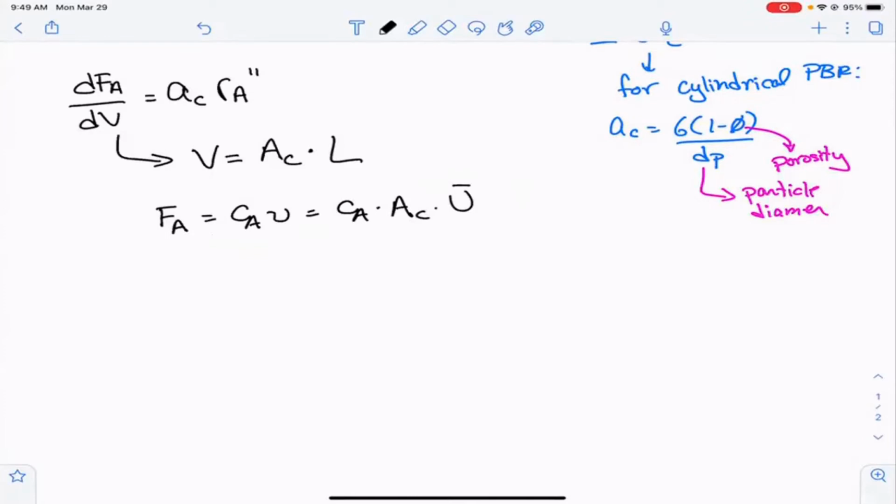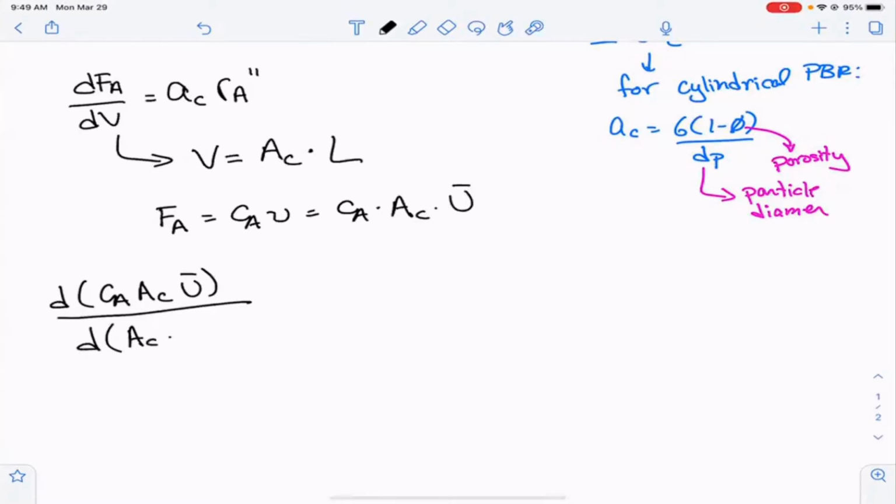And so our derivative on the left-hand side of this equation becomes d times CA times the cross-sectional area times the velocity, over dV, or the cross-sectional area times the length, right? And that's equal to AC times RA double prime.